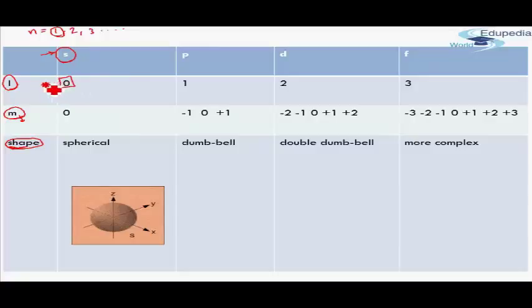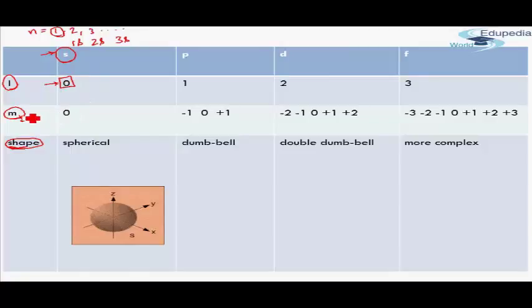This is always fixed. Whenever l is equal to 0, the orbital is s orbital. Whether the n value is 1, 2, 3, it doesn't matter. As long as it is s, the l will always have a value of 0. That means 1s, 2s, 3s, and so on, will all have similar kind of orbitals.